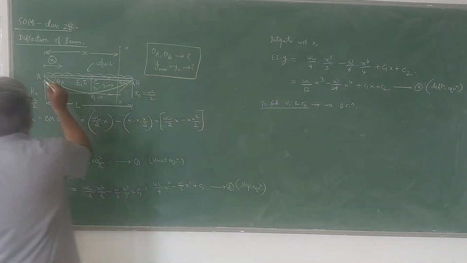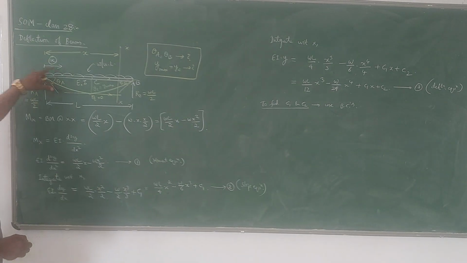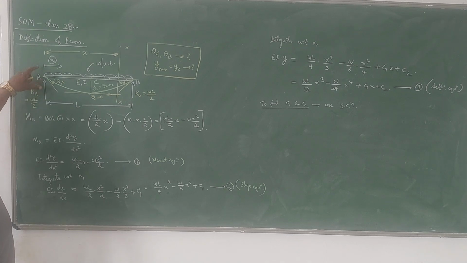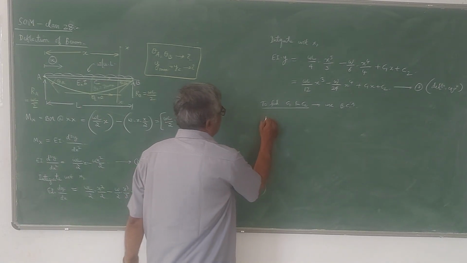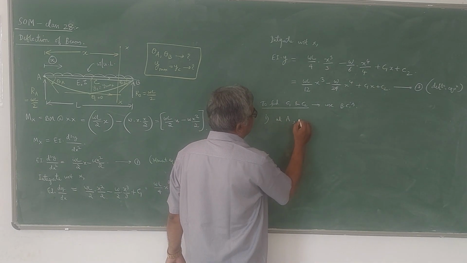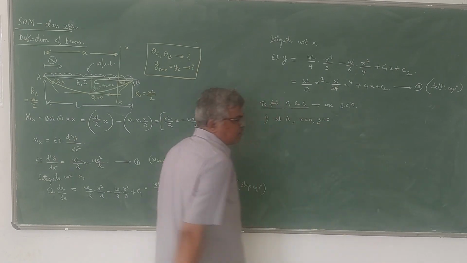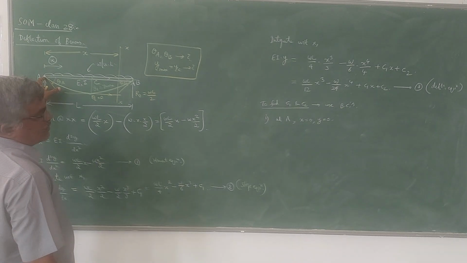There is no deflection at A, that is one boundary condition. x is measured from here, so x is 0 at A. So at x equal to 0, y is equal to 0. That is the first boundary condition, because there is no deflection at the support.